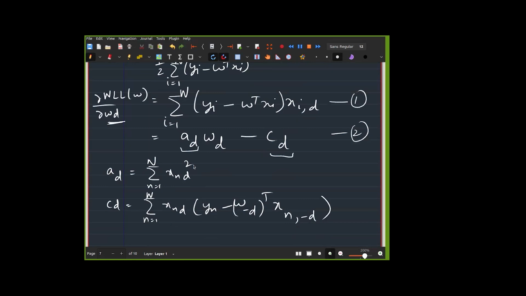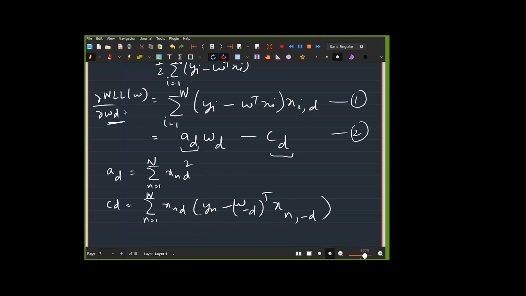That's how AD comes in. And because I have taken out AD from equation 1, since AD times WD is the term involving WD, I have to rewrite equation 1 so that I remove that term, which is CD in some sense. So just think about it, and you can write it this way.